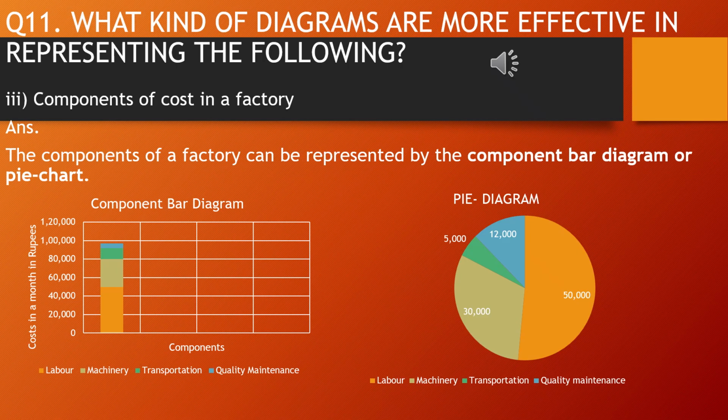In the component bar diagram, the components, which are labor, machinery, transportation and quality maintenance, are presented on the x-axis, and the cost per month in rupees is presented on the y-axis. While in the pie chart, we can also represent it through the area proportion to the labor, machinery, transportation and quality maintenance costs, which are 50,000, 30,000, 12,000 and 5,000.